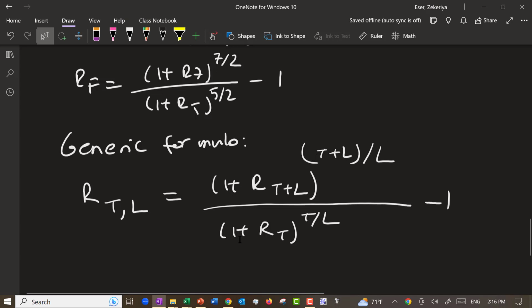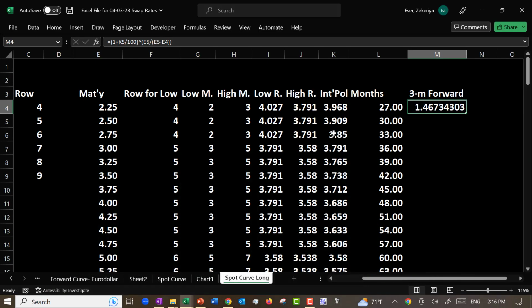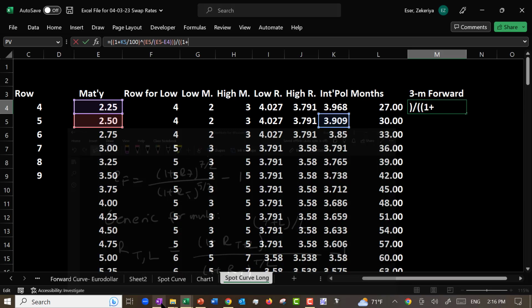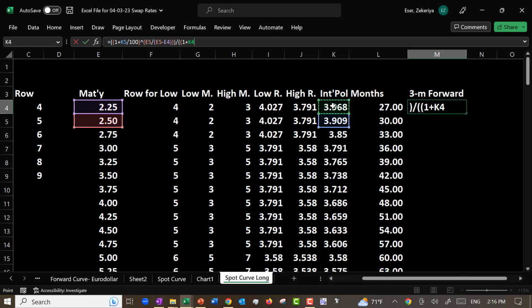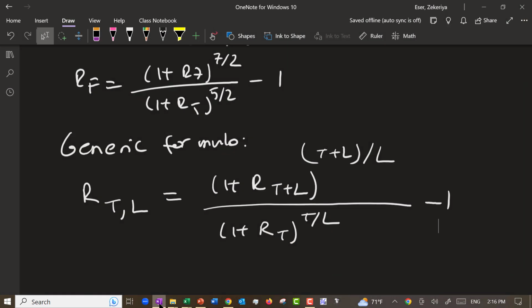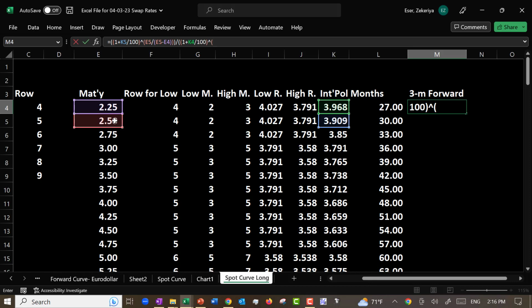I am careful about these things, so I'm going to take this whole thing into parentheses. Divide by 1 plus the short rate, which is this, raised to the power short divided by the length of it.